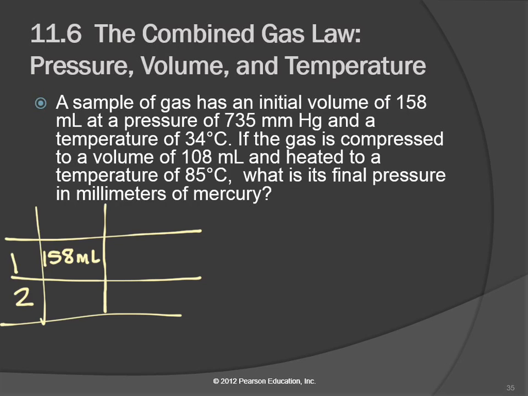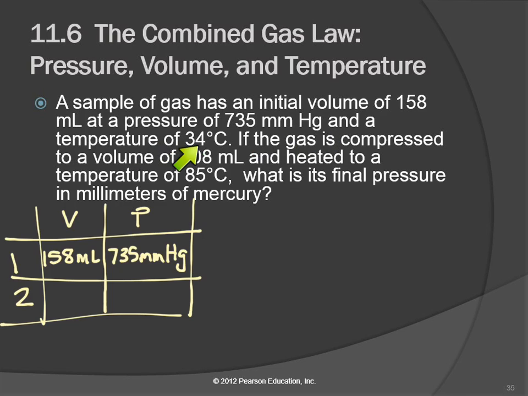So initial volume, that's a volume at a pressure of 735. Those two numbers go together. Do you see that? This volume at this pressure, so I'm going to write down the pressure, 735 millimeters of mercury. That's a pressure.